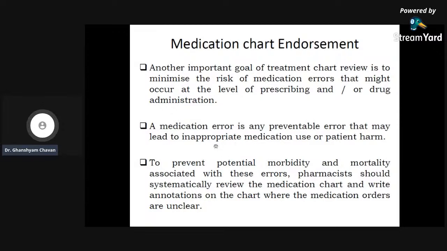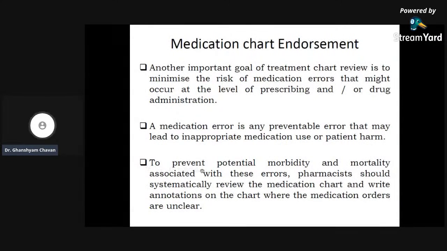If you crush the tablet in your mouth, it will dissolve in your saliva, and you will get its effects beginning from your mouth. It will absorb from your buccal cavity, and if you swallow it, it will go directly into your stomach and be destroyed, meaning you won't get any effects. That's why you should take the medication in the proper way. So medication error will occur if you don't take the drug as per your physician's advice.